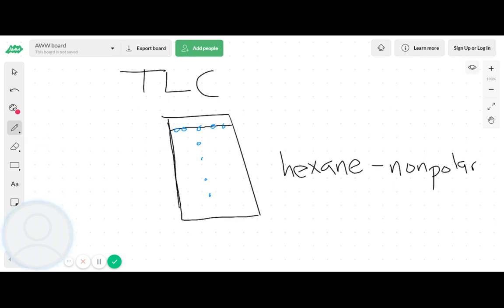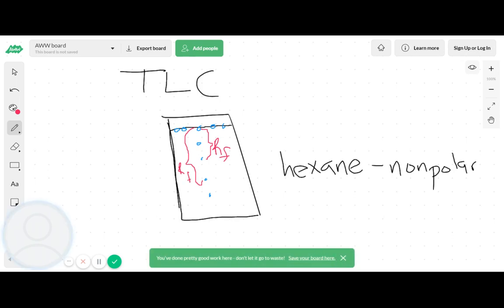That will be your RF value. If you measure the distance between this dot and this dot, that's one of your RF values. And you could also measure this, which is another RF value.